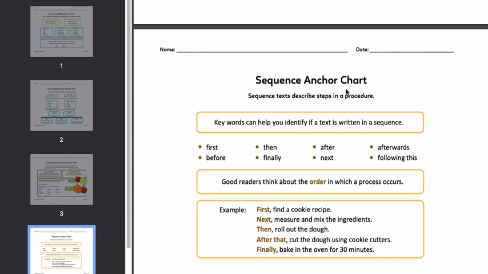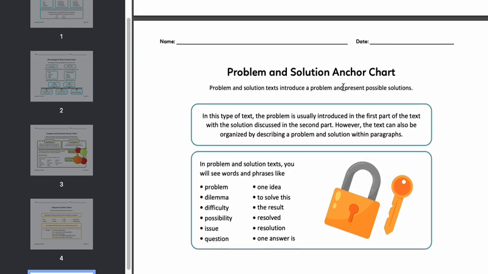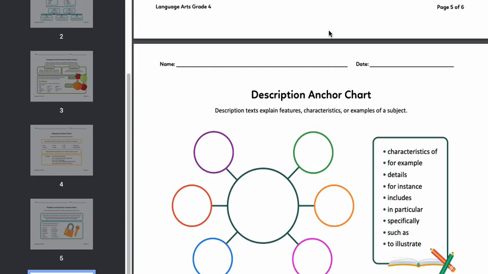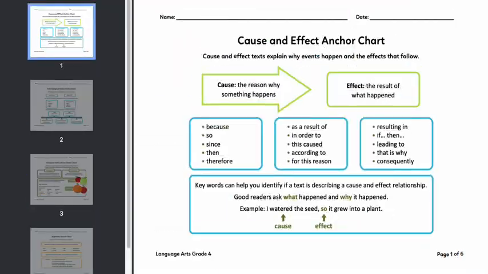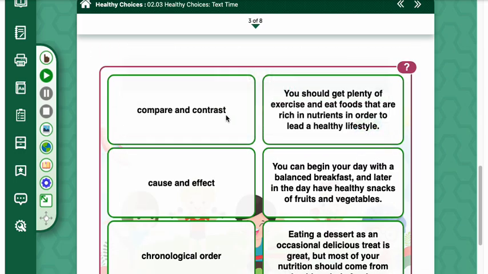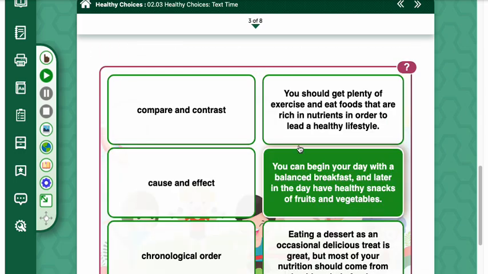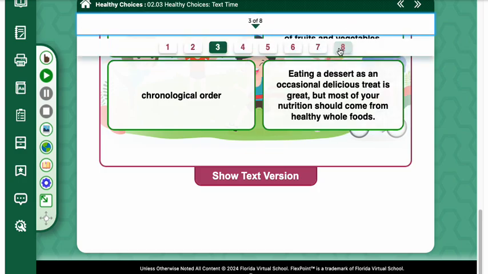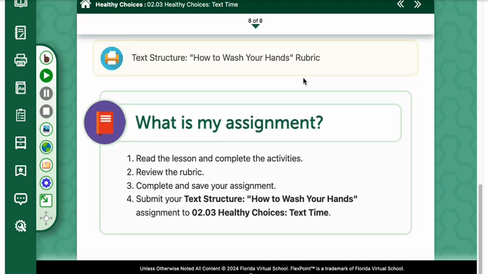I would suggest this because this will help you immensely. This is a really great resource for us to use. This is going to be on page 3. Make sure to print that off. You have some interactives to help you match the different types of text structure. When you get to the end, you have your assignment.